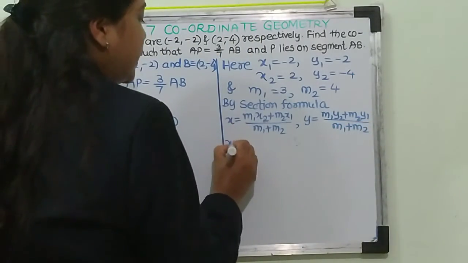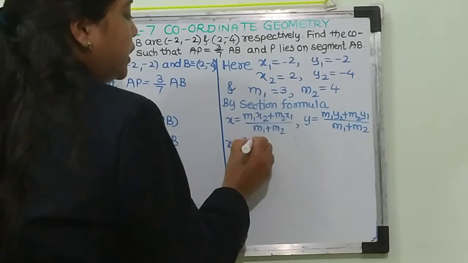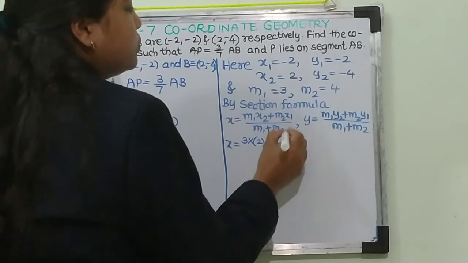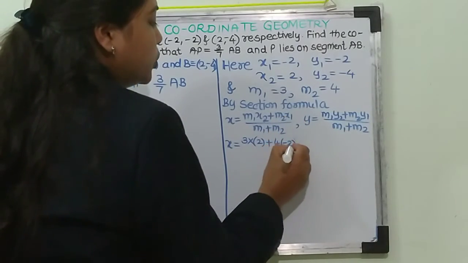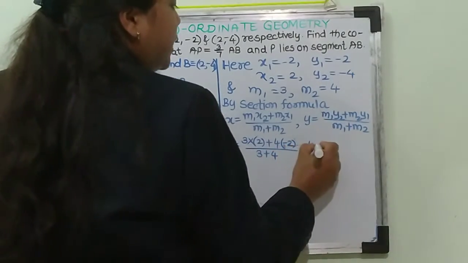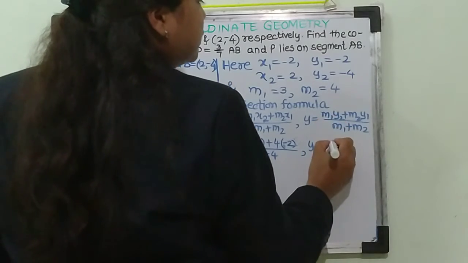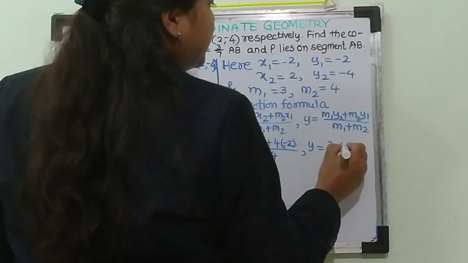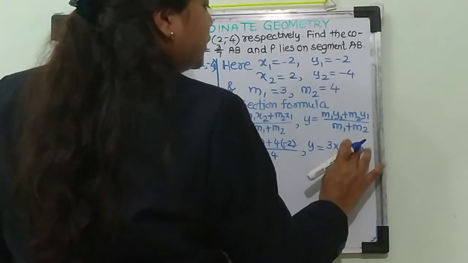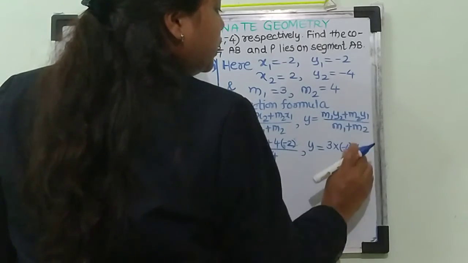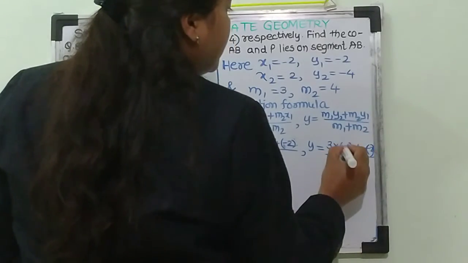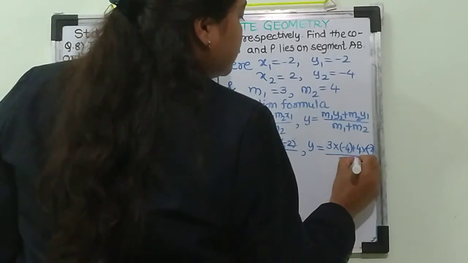So here we get x equals m1 value 3 into x2 which is 2, plus m2 which is 4, x1 which is -2, upon 3 plus 4, and y equals m1 which is 3 into y2 which is -4, plus m2 equals 4 and y1 as -2, upon 3 plus 4.